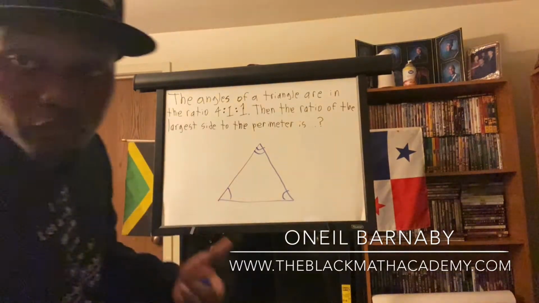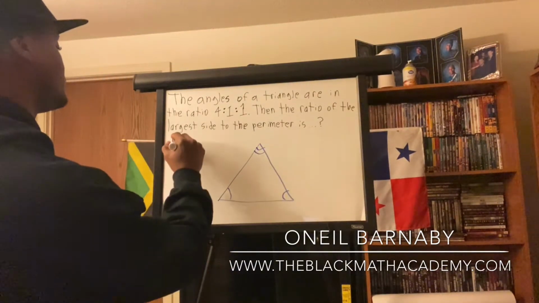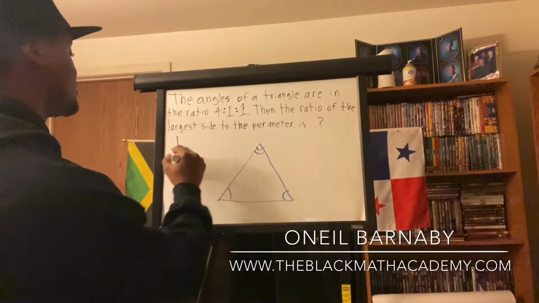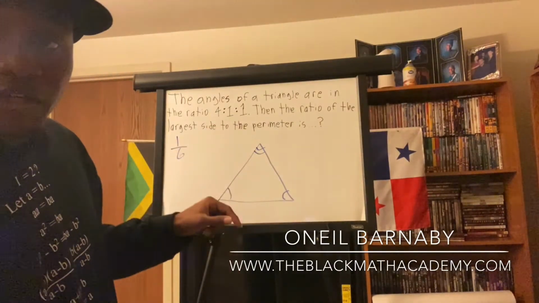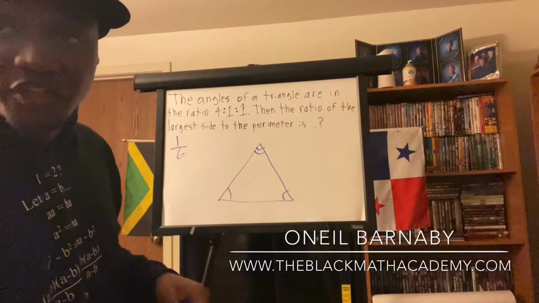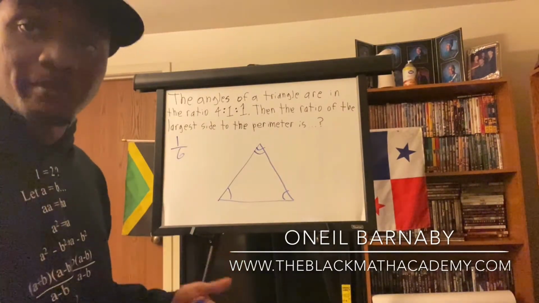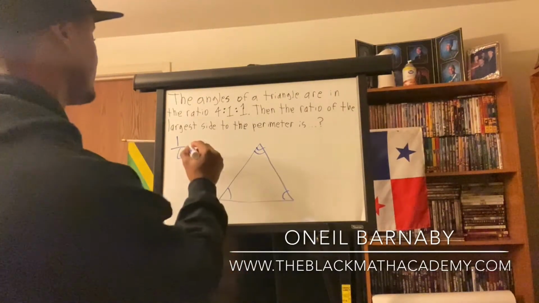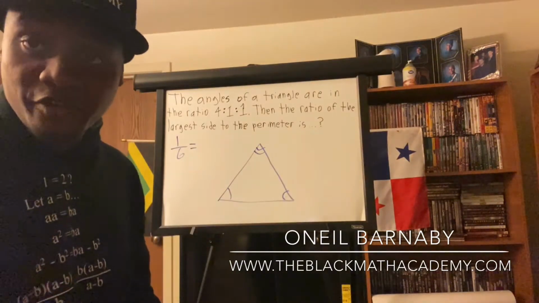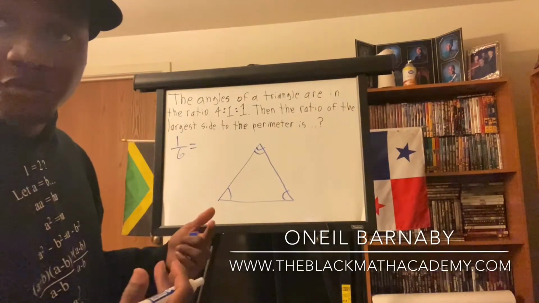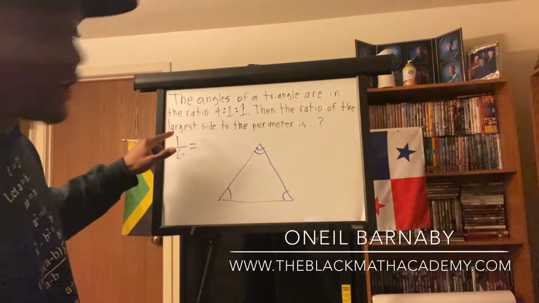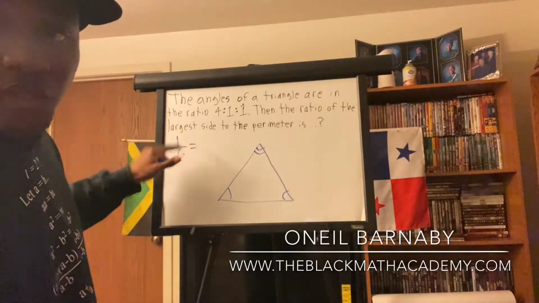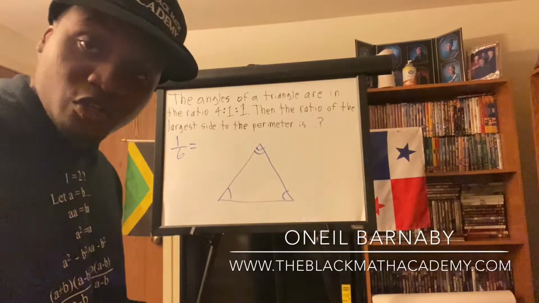So we'll set our ratio up. We use 1 and 6. 1 representing one of the angles in the triangle, and 6 representing the sum of the angles within the triangle. Now we're going to compare that to the actual angles within the triangle. Since we don't know the angle that the 1 corresponds to, just like in mathematics, what do you call something you don't know?